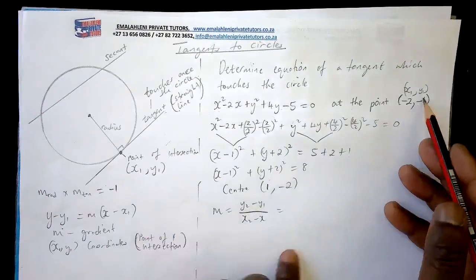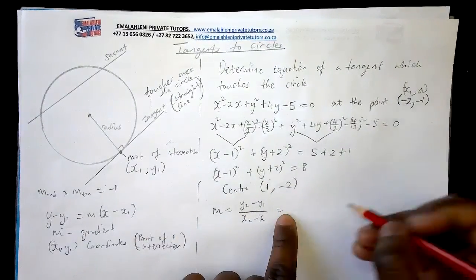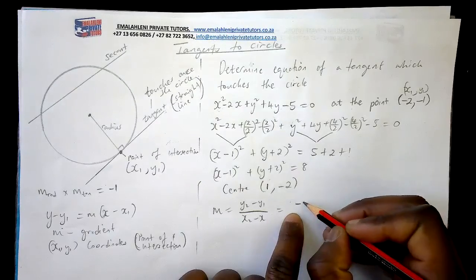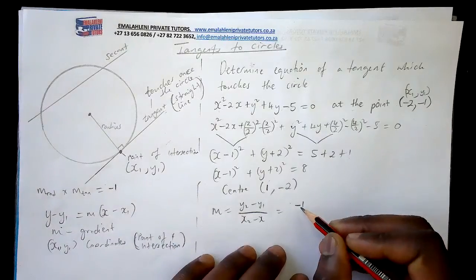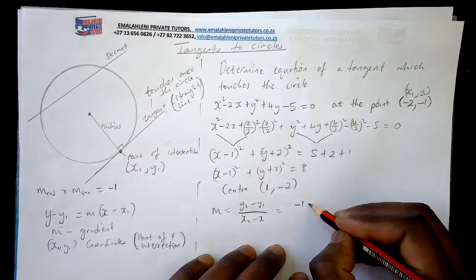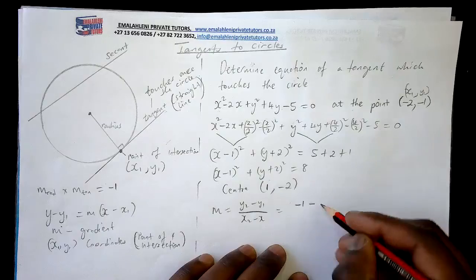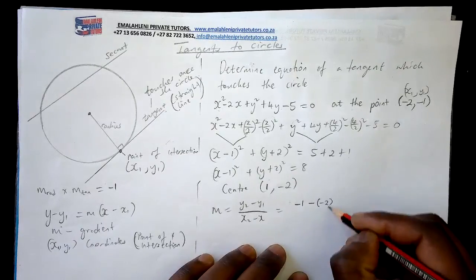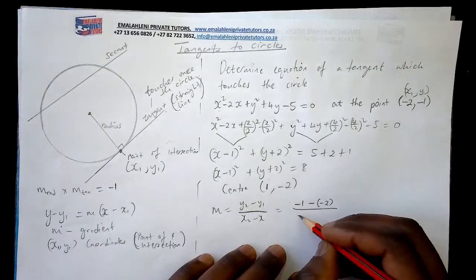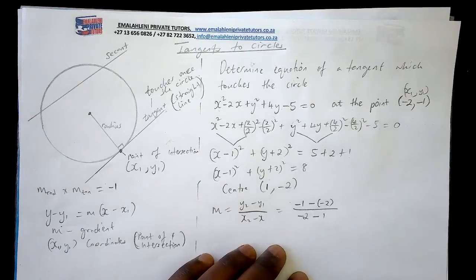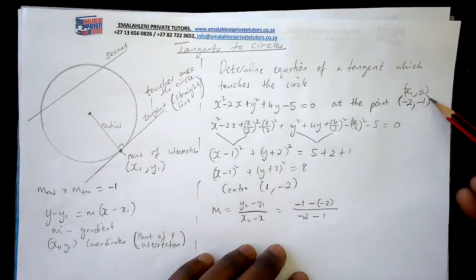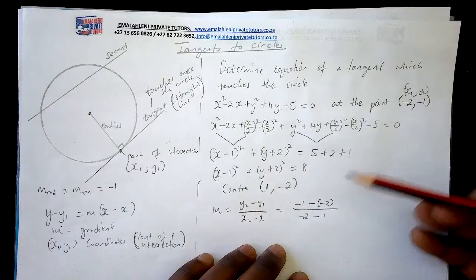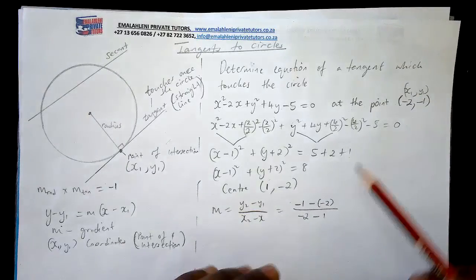We're going to use this one as our first point, so negative 1 minus negative 2 over negative 2 minus 1. Always remember, when you start with a certain coordinate, you must start with it for both x and y. So here you start with the negative 1 for y, and we must also start with negative 2 for x, so that you don't interchange them. Okay.